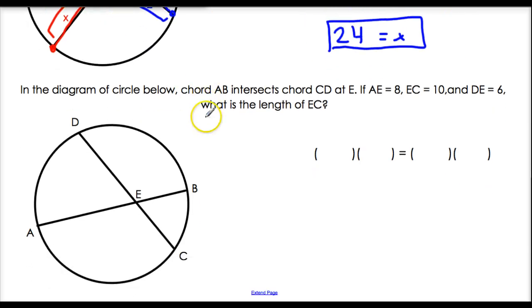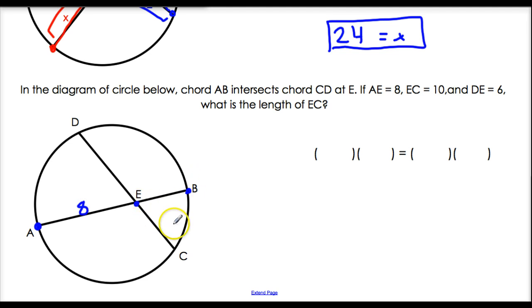Let's try a slightly more challenging problem, but it shouldn't give us too much trouble. In the circle below, chord AB, and I'm going to keep saying this until you get nauseous, we know this is a chord because the endpoints are on the circumference, intersects chord CD at point E. We know that AE is equal to 8.